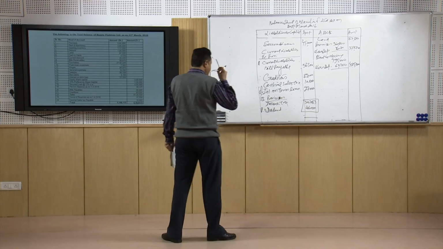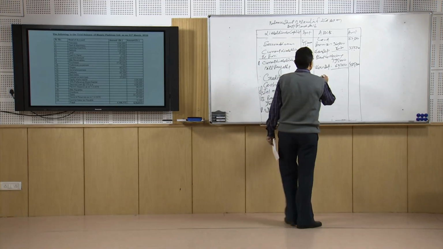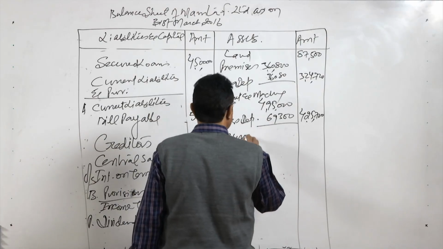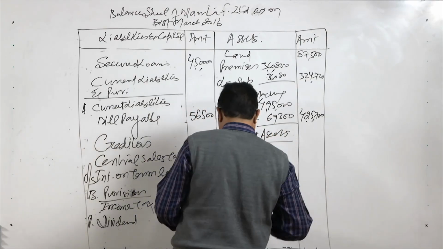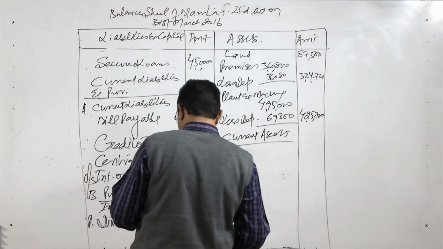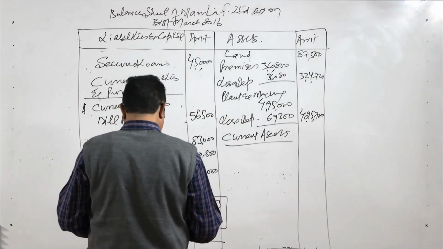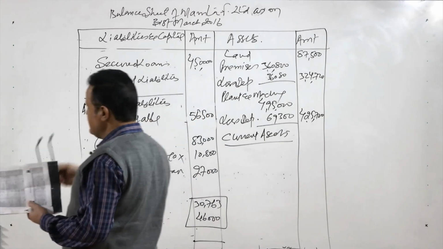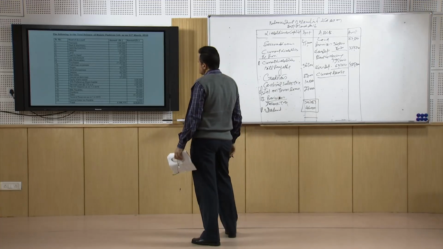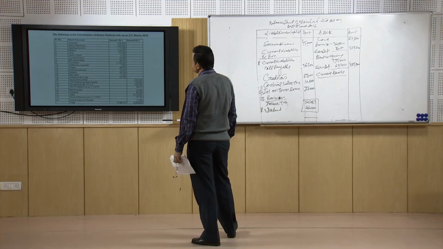Now let us come to the other assets which are called current assets. So these are the fixed assets, and now we talk about the current assets. Let us start with the current assets here.